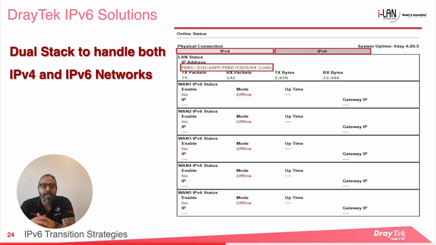DrayTek provides an additional memory stack to handle the IPv6 related traffic and services. This dual stack functionality enables DrayTek routers to handle both IPv4 and v6 at the same time. The online status page in the router will show both the IPv4 and v6 network status.